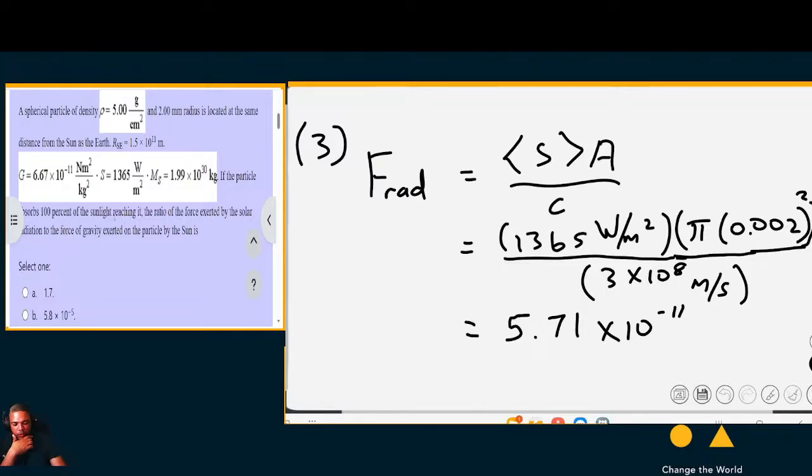They did and simplified the formula, but I did it individually. Okay. Now let's calculate the force of gravity.